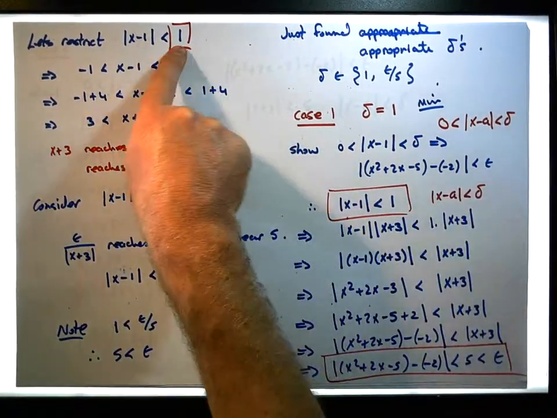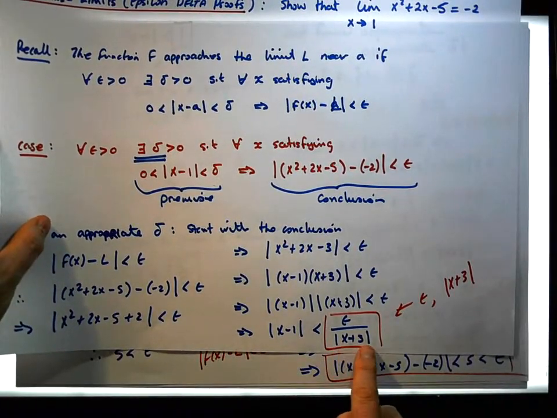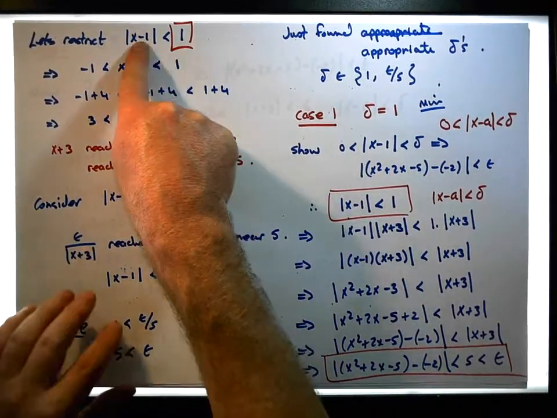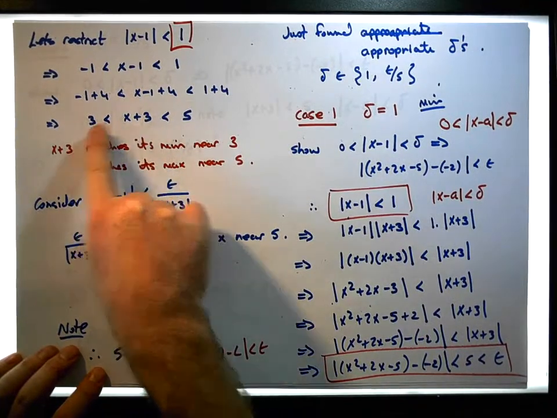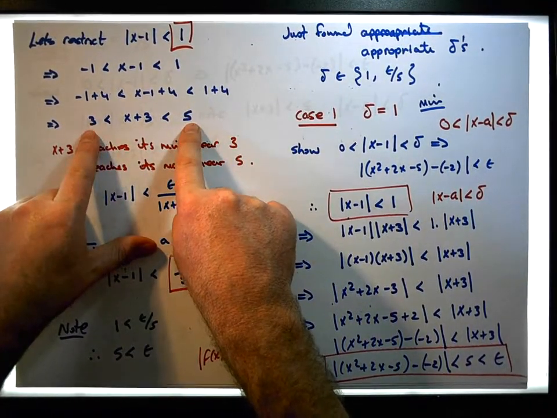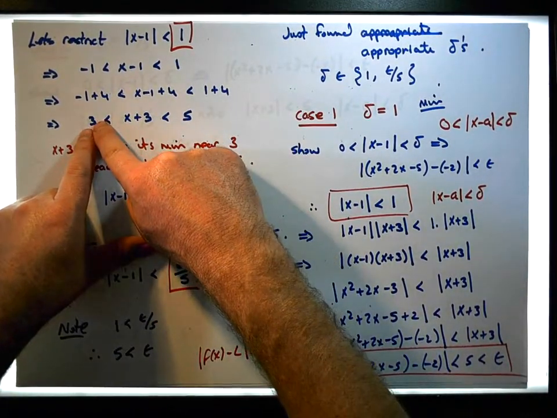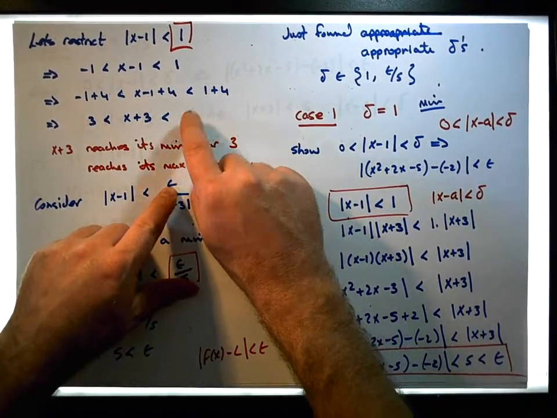Now, when we go to 1 unit in a, what we're trying to do is figure out what's happening with x plus 3. We know what's happening with x minus 1. But from this particular restriction, what we end up with is x plus 3 is bounded below and above by 3 and 5. But the key point here is that any number divided by a small number will give us a bigger number relative to any number divided by a bigger number.